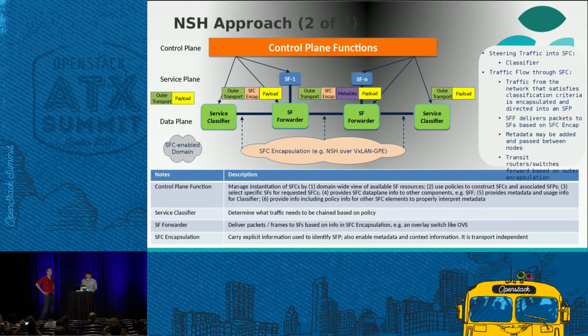So in OPNFV, there are many different solutions, right? We're not going to standardize one way to do service function chaining, and you saw the other approach here, alternative to NSH. So in OPNFV, you can do pretty much the types of solutions you want. If you want to try out this service function chaining POC that we did, you can download the Apex installer and run it on your CentOS 7 machine.